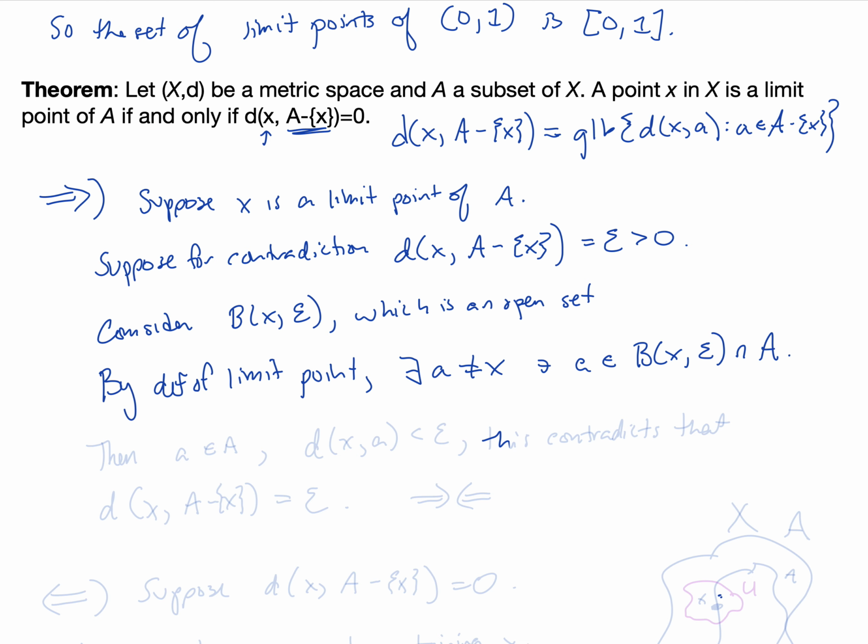Now, here is an issue. What we see then is that a is an element of A, and the distance between x and a is less than epsilon. And this contradicts that the distance between x and A minus x was equal to epsilon.